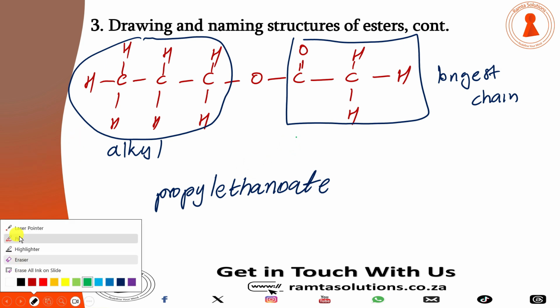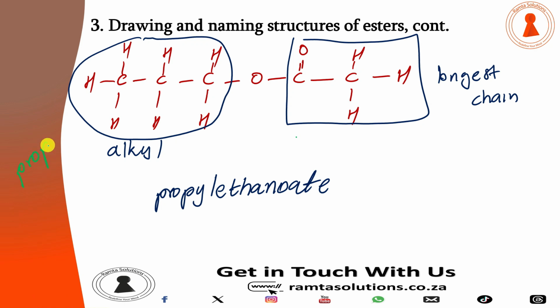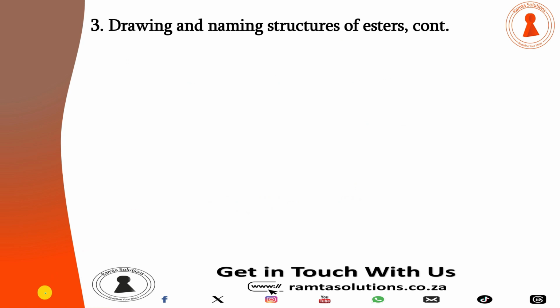And this part here is coming from the carboxylic acid, which is ethanoic acid. Propanol and ethanoic acid, when they react in the presence of sulphuric acid, form propyl ethanoate and water. You happy? Great stuff. Moving on.